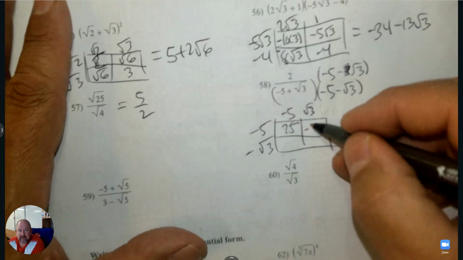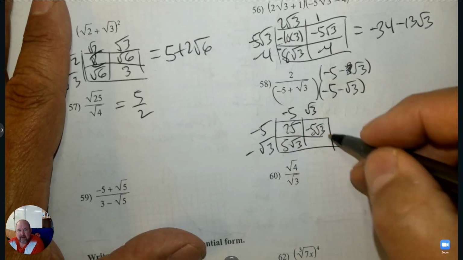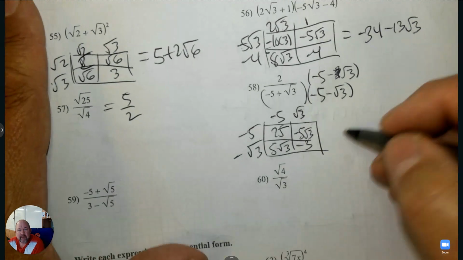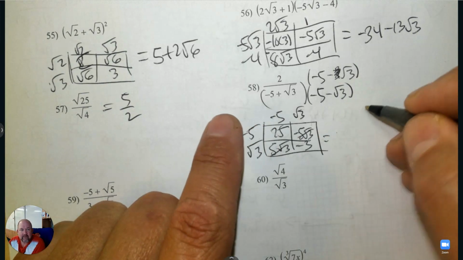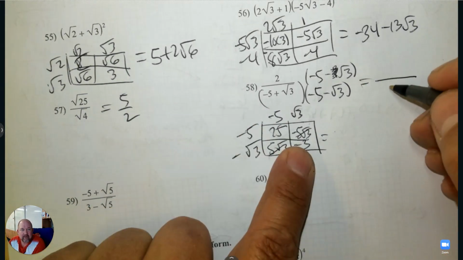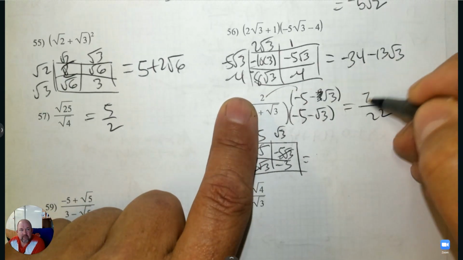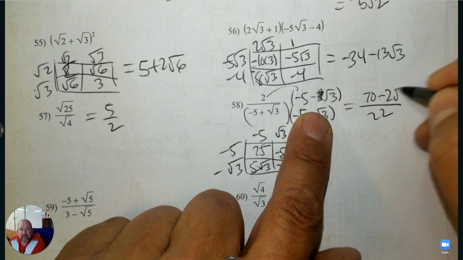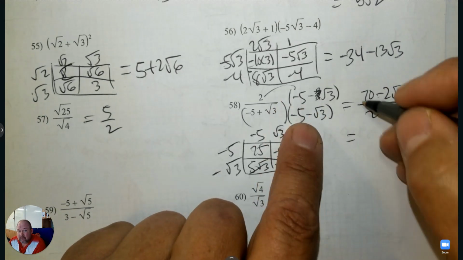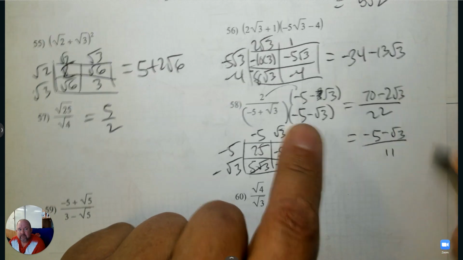That's 25, negative 5 root 3, positive 5 root 3, and negative 3. So these cross out, and that gives me 25 take away 3, which is 22. The numerator, 2 times negative 5 and 2 times negative root 3. Divide everything by 2. And I have my answer.